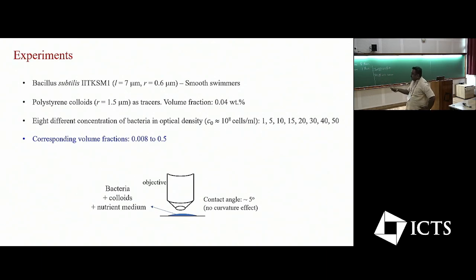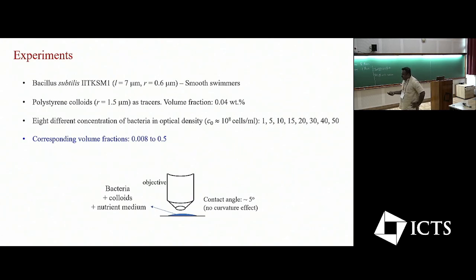Our only variable is the concentration of the bacteria, which I give with this number called the optical density. Effectively, the range over which we have changed the bacterial concentration would roughly correspond to varying from 0.01 to 0.5 in terms of volume fraction.